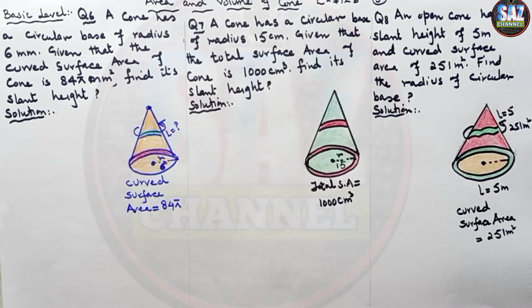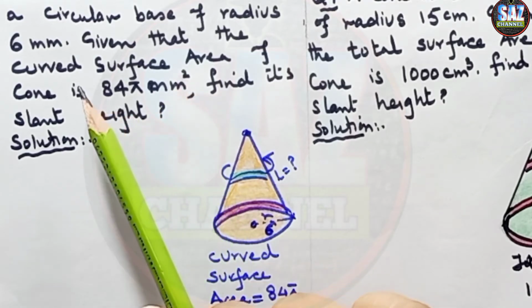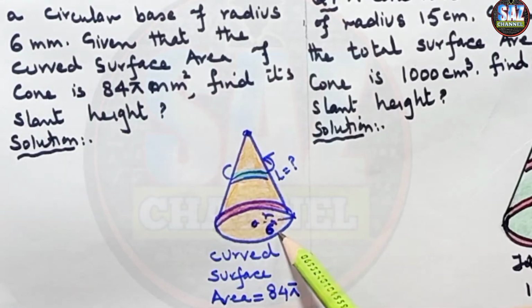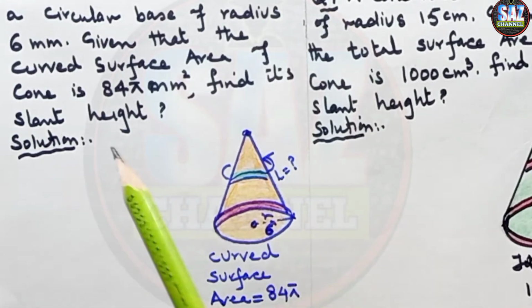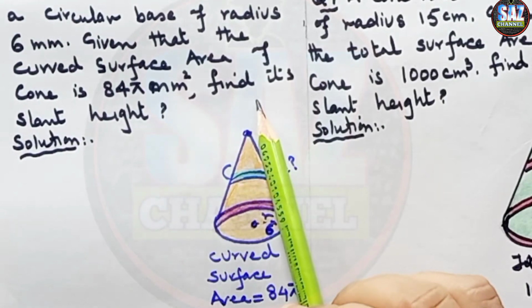Let's move to basic level question number 6, and let me read the question from the book. I always ask my students to read the question, underline and understand the important terms. Question 6 says: a cone has a circular base radius 6 mm, and given that the curved surface area of the cone is 84π millimeters square, find its slant height.